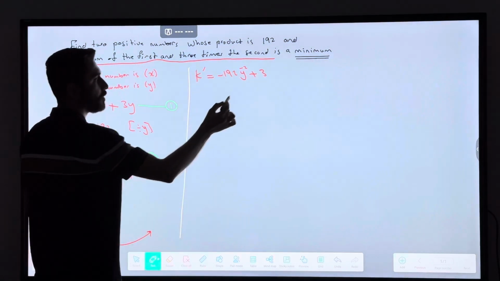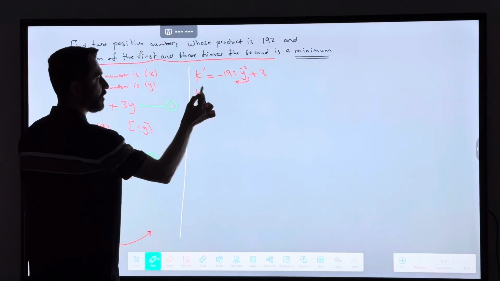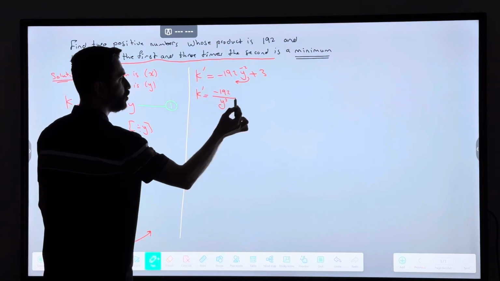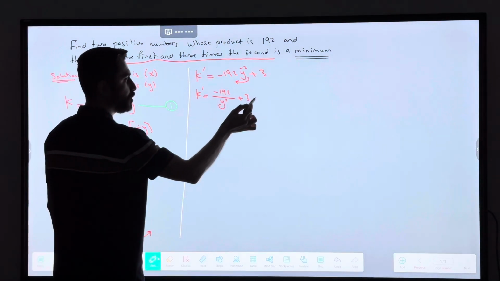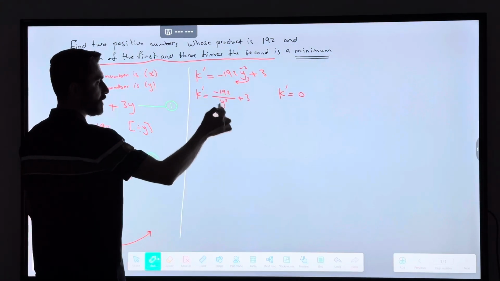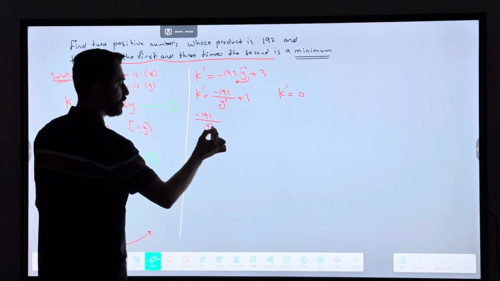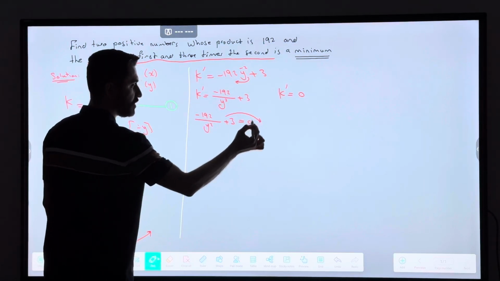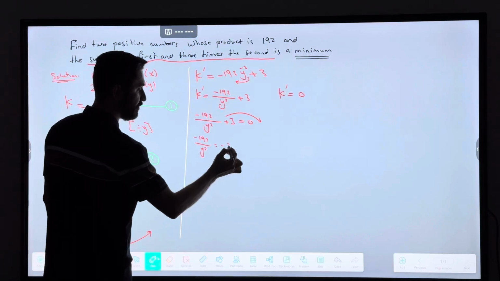Once again, move this one down in order to be positive 2. So k prime equals negative 192 over y squared plus 3. Once I have the derivative, I set it equal to 0. So negative 192 over y squared plus 3 equals 0. We can move this to the other side: negative 192 over y squared equals negative 3.